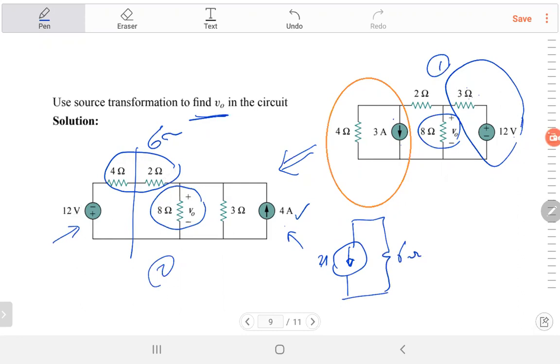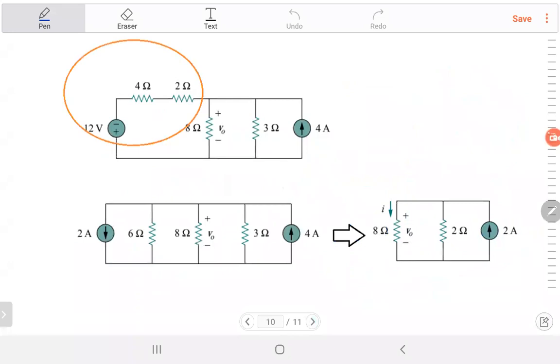The 2 ohm is finished, it's gone. And then you've got your resistance, 8 ohm, and your other current source, 3 ohm, 4 amp. So you have a circuit with only one node and all current sources.